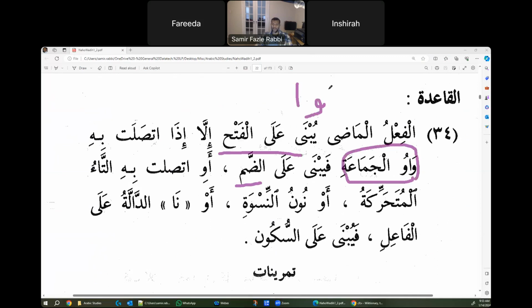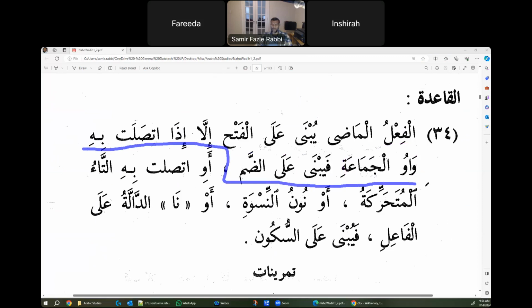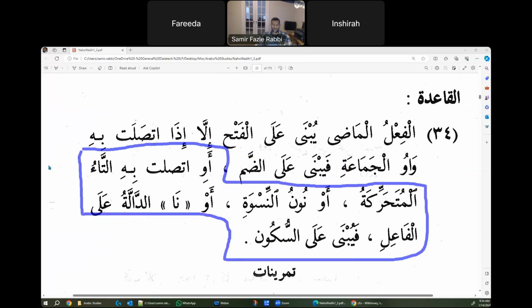Then they'll say it's built on the dhamma because of this waw al-jama'a, or it'll be for these ones right here. This is kind of lacking, but all books can be improved. Essentially, these ones are all sukoon.